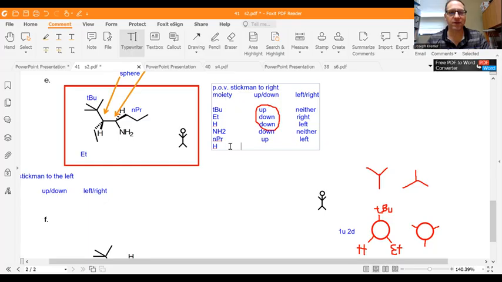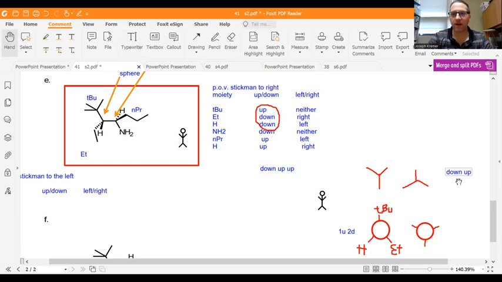And here's the hydrogen that we're concerned with. This one here, my cursor's flashing over it right now, that hydrogen, that's up. And this is to the right with respect to that person's point of view. So we have down, up, up. Can you pick the right spoke for that? Down, up, up. Which one is the right spoke?